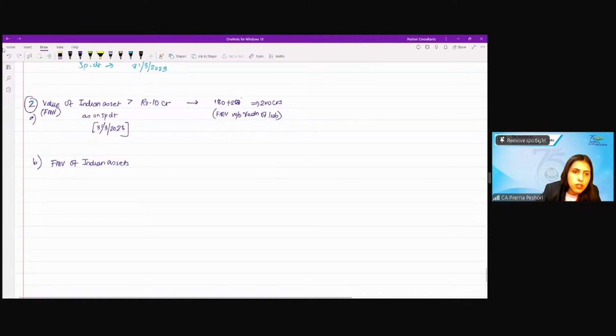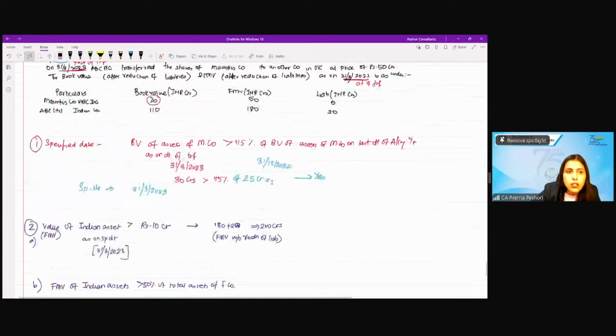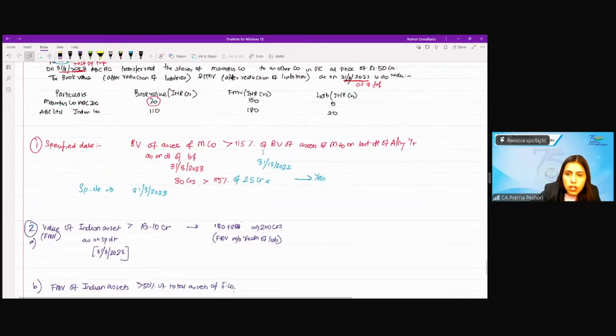Isn't it? So greater than 50% of the total assets of the foreign company. Right? So if you look at it, what is the FMV of the Indian assets, and whether it is exceeding 50% of the total assets of the foreign company. Give me the answer.